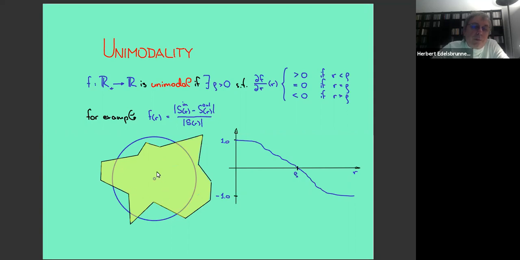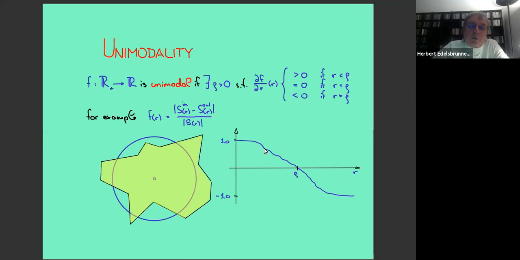Here it's a disk. The length of the circle inside of the yellow body minus the length of the circle outside the body. And at the beginning, everything is inside. So my function starts at 1. The fraction inside is 1 until my circle starts to get out of this body.